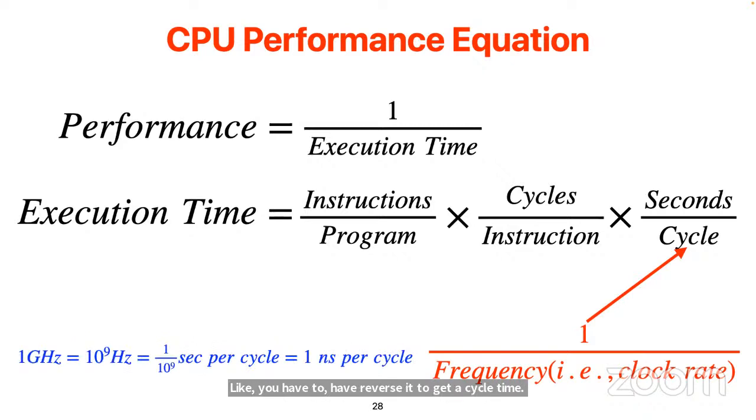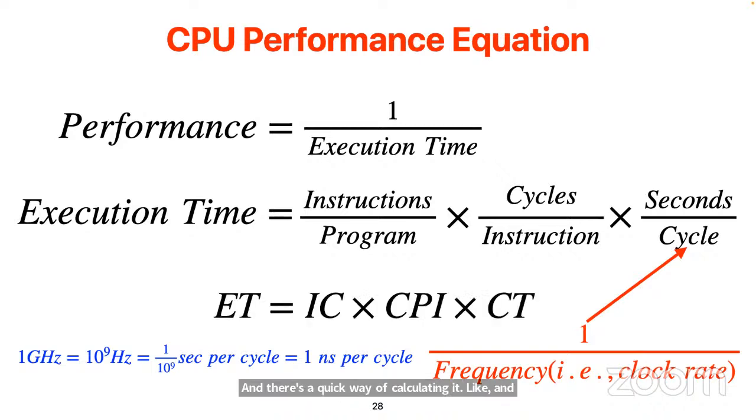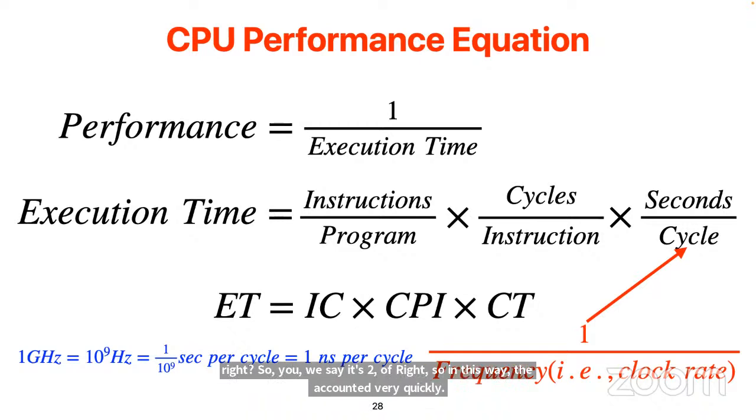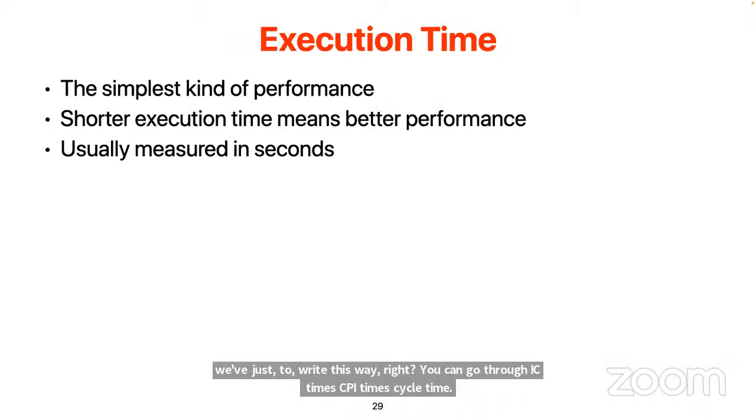If it's 1 gigahertz, it's actually 1 nanosecond. If it's 2 gigahertz, it's half a nanosecond. If it's 4 gigahertz, that's a quarter of a nanosecond. In this way, you can count it very quickly. And we typically write ET equal to IC times CPI times cycle time. That's how we typically write down the performance equation.